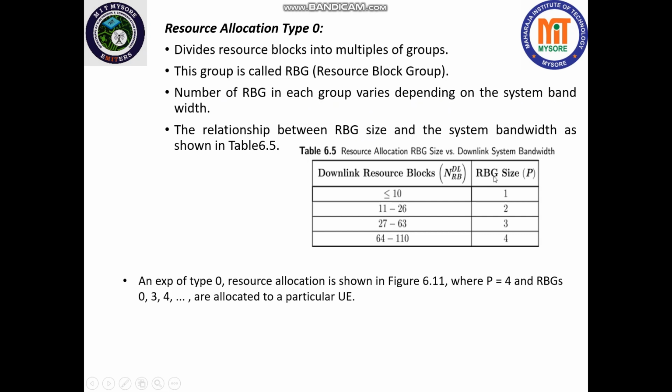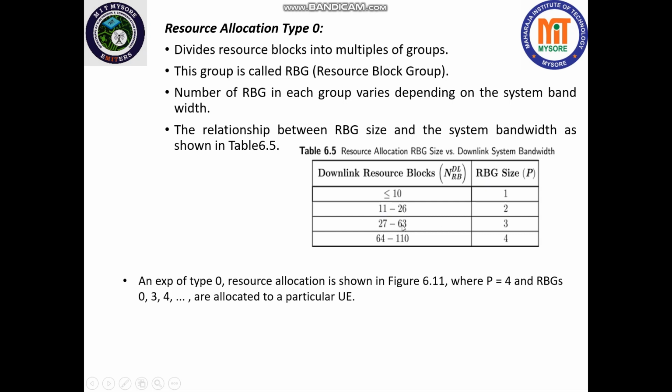You can see over here, if the downlink resource blocks are less than 10, resource block group size is 1. If the downlink resource block numbers are 11 to 26, then the resource block group size will be 2.